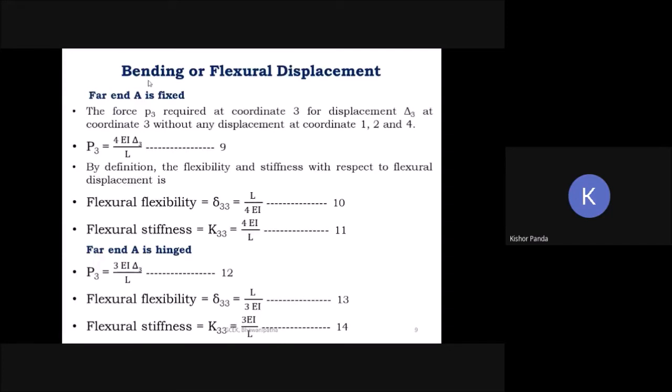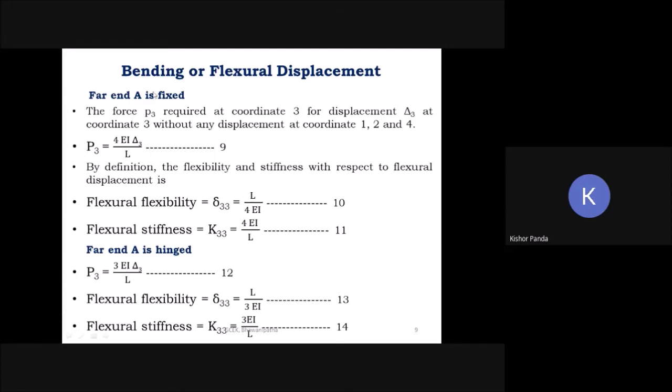Then when the bending or flexural displacement is acting, you have to find it out here. When the moment is acting, it comes in the flexural case. When the bending moment is acting, what is the bending or flexural displacement? This is the relation between the force and the displacement.